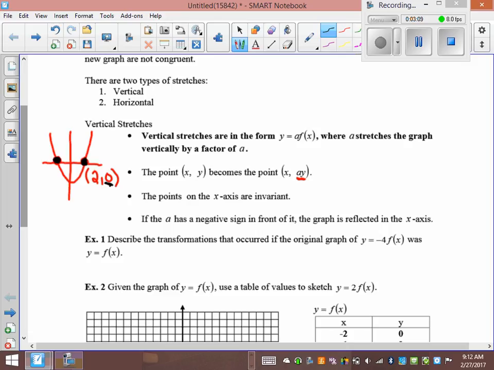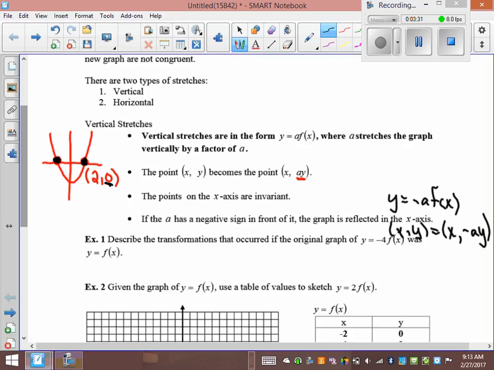Okay? If a has a negative sign in front of it, then it's a reflection in the x-axis. So if it was y equals -a f of x, like this, my (x, y) would become (x, -ay). So you would just multiply with the negative as well.